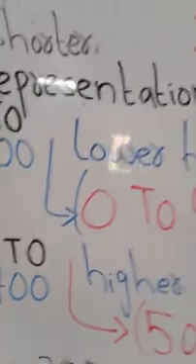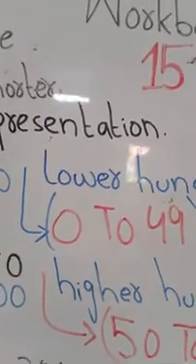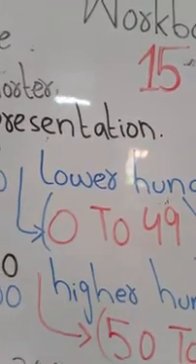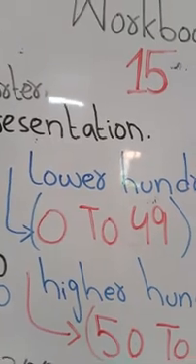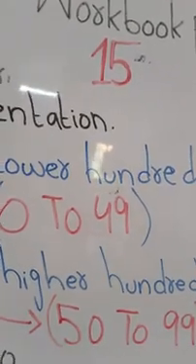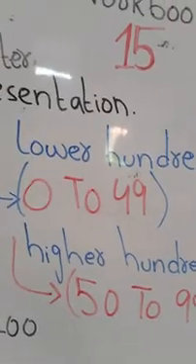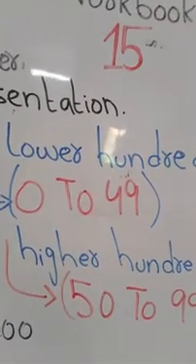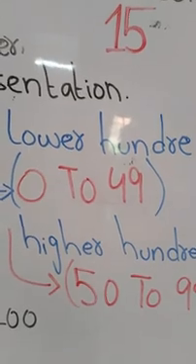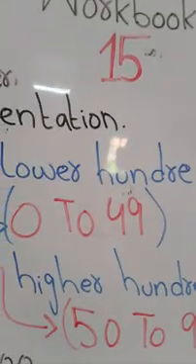In tens there is a lower number from 0, 1, 2, 3, 4. These are the lower numbers and higher numbers are 5, 6, 7, 8, 9. When we have to round to the nearest 100, the lower 100 is 0 to 49.